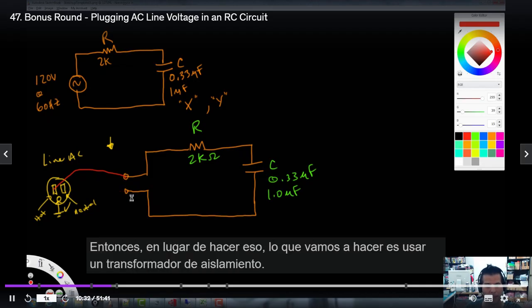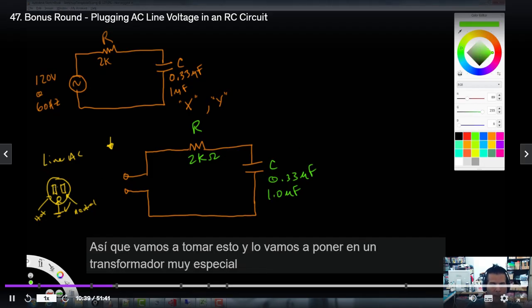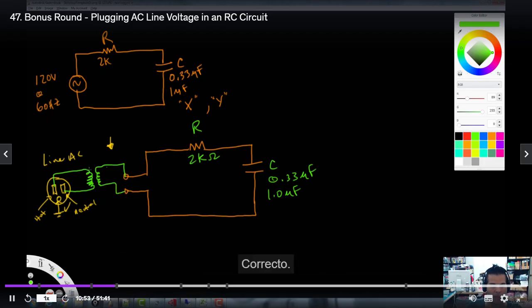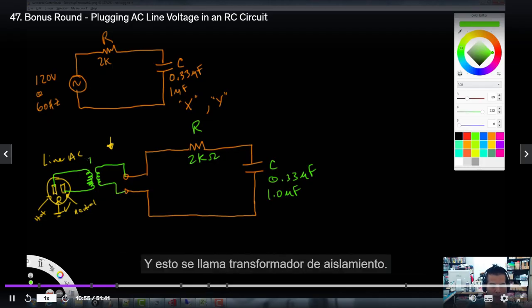So instead of doing that, we're going to use an isolation transformer. We are going to take this and put it into a very special transformer like that. This is called an isolation transformer.